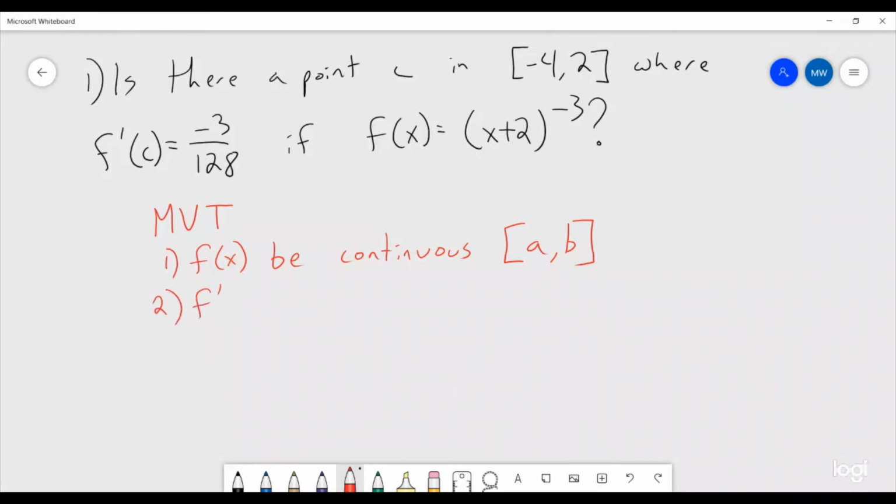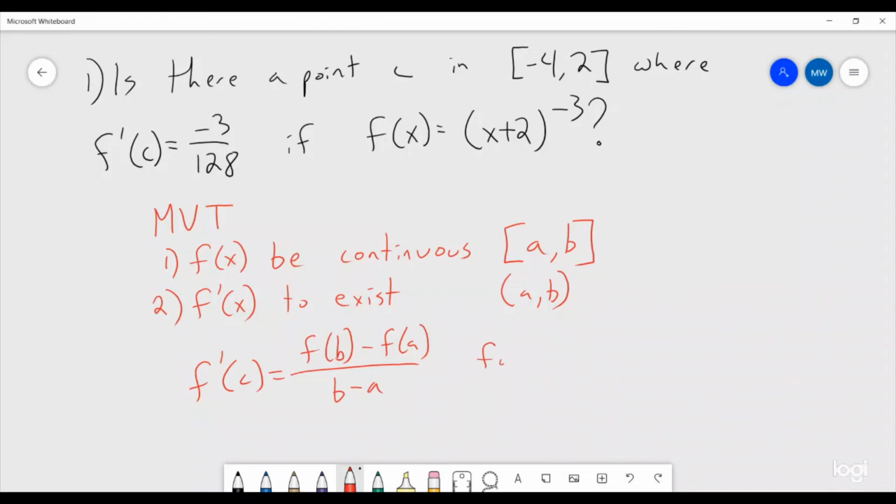Secondly, we need f prime of x to exist on the open interval a to b. Then we can use the mean value theorem, which says that f prime at c is equal to (f of b minus f of a) over (b minus a) for some c in the interval a to b.